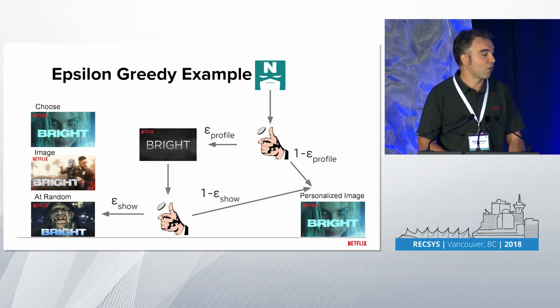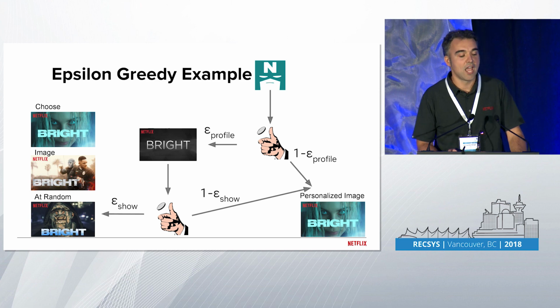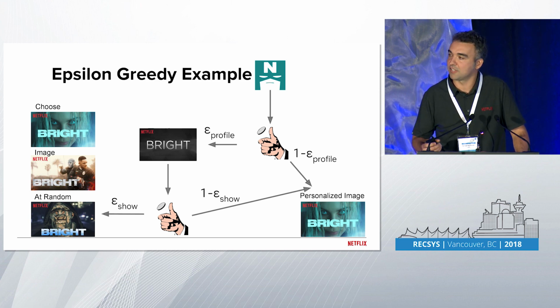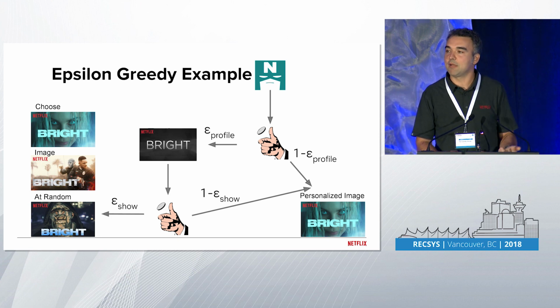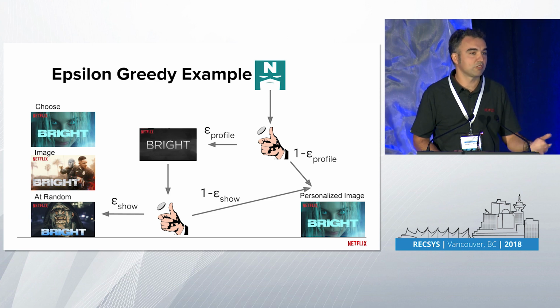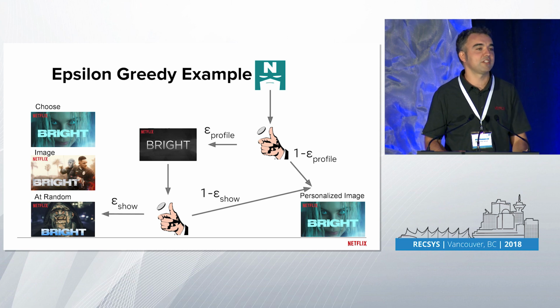As I said, there are a lot of variants that you can use. I'm just putting one here for illustration. You can imagine the user comes to the system for a session. You flip a biased coin, and with probability epsilon, you say, okay, this person is going to explore. But then, of course, you don't want to show random images across the entire page.